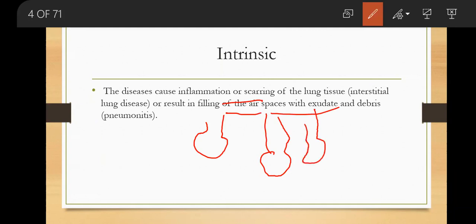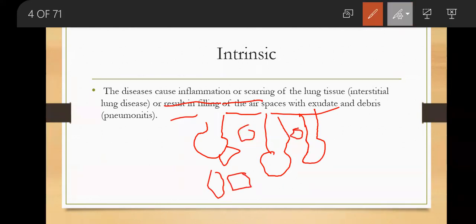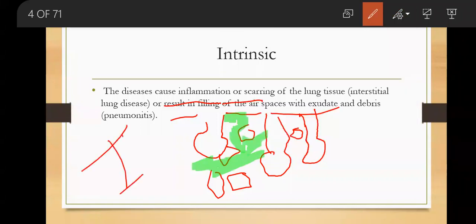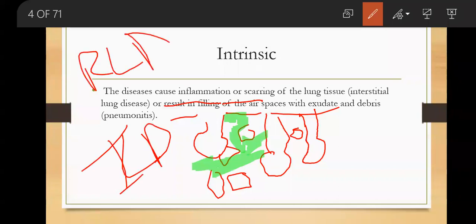If these are the alveoli, multiple alveoli, and the interstitial disorder, there are cells here. Sometimes the problem may be between cells. If the problem is between cells, this is called interstitial lung disease, a part of the restrictive lung disease, and this is the intrinsic.